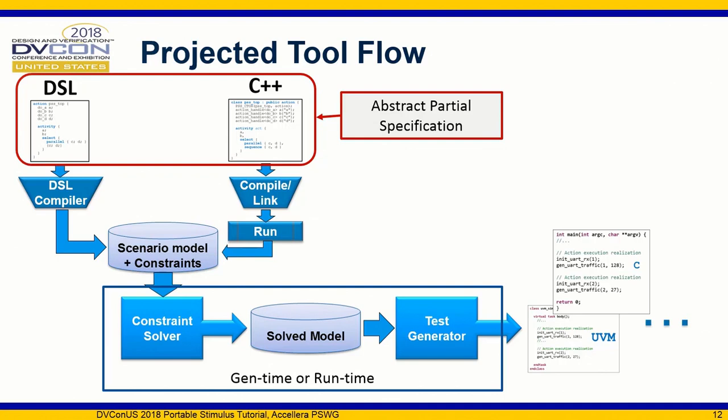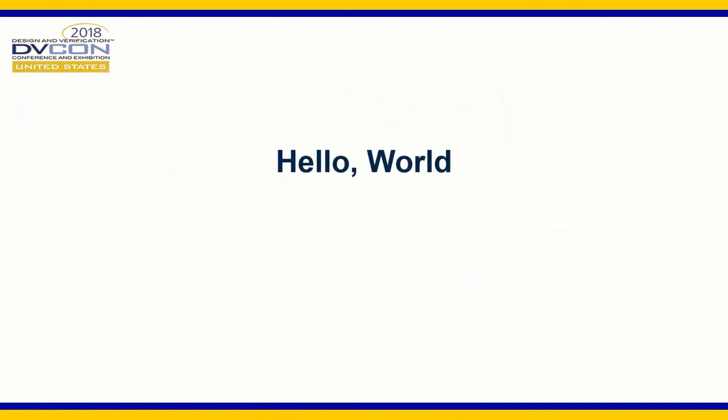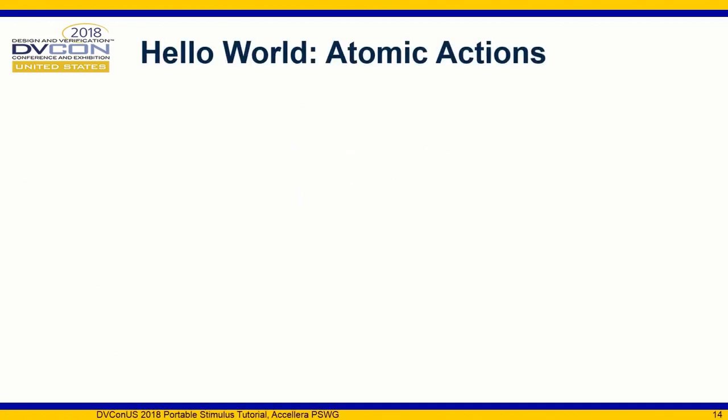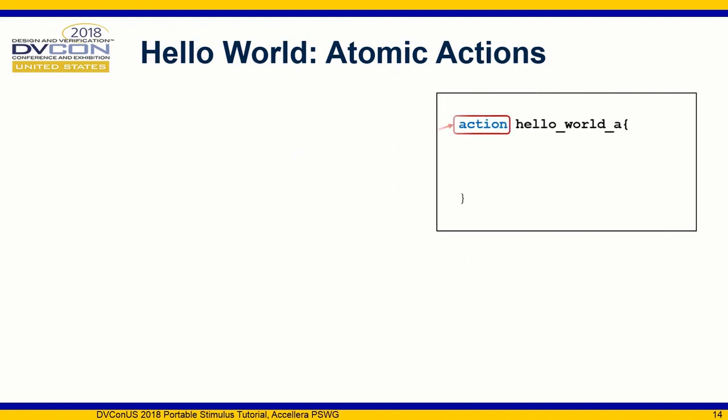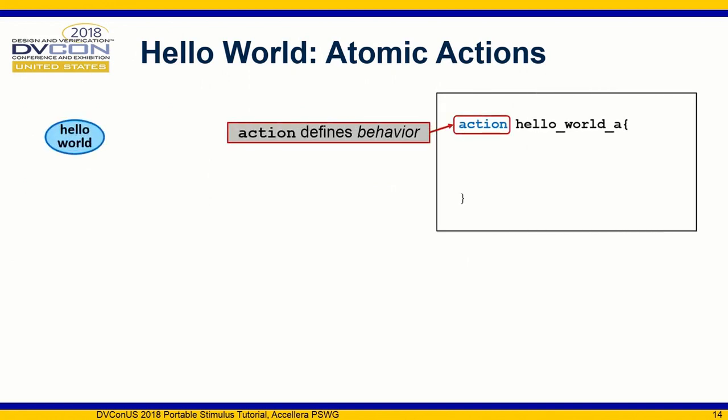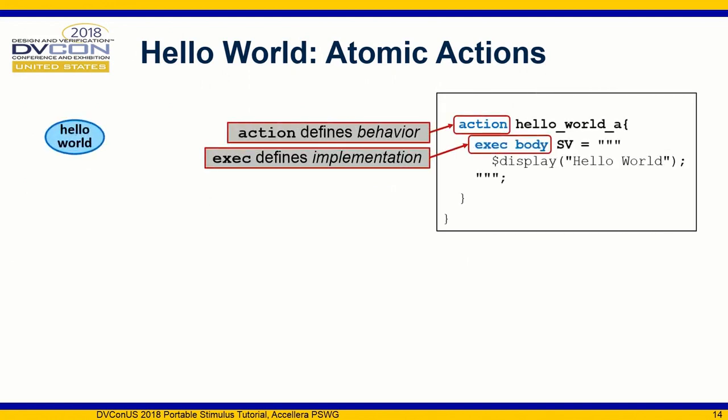Every programming language ever starts with a hello world example, so we're going to have one here. The first thing we're going to talk about is what we call an atomic action. An action is a unit of behavior. Inside of that, we are going to have something we call an exec block. The exec block is the thing that lets us define how this particular behavior is going to be represented in our target system.